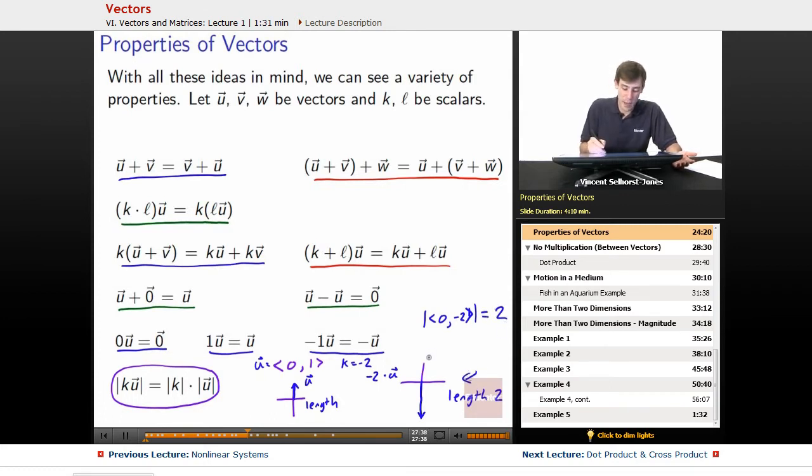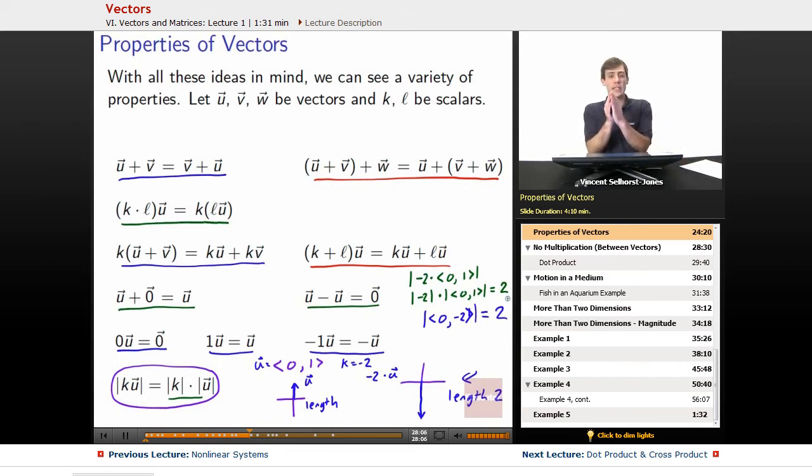But if we'd separated this out into negative 2 times u, negative 2 times <0, 1>, what u started off as, we could break this by this rule into the absolute value of our scalar times the length of our initial vector, which would give us positive 2 times 1, same thing.